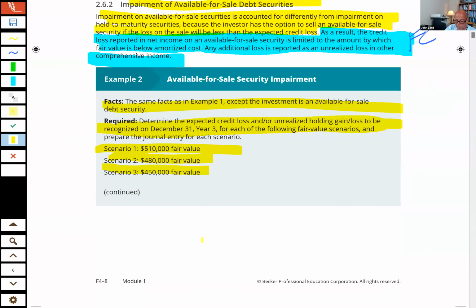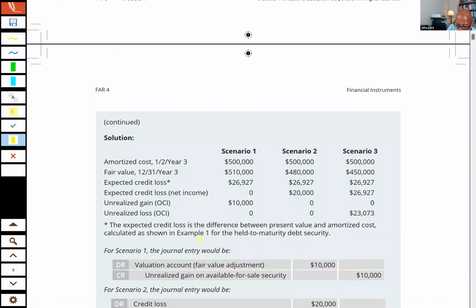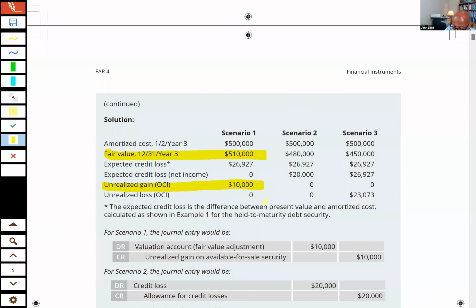So under the 3 scenarios, if the fair value is 510, notice we don't have any credit loss because we could sell that security immediately and gain 10,000, couldn't we? So they just allow us to compare the fair value to the amortized cost, and we'll take the gain on that. They show you the journal entry down there. I don't know that the journal entry is that important.